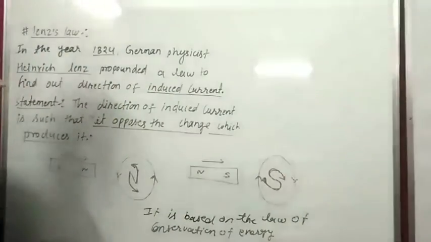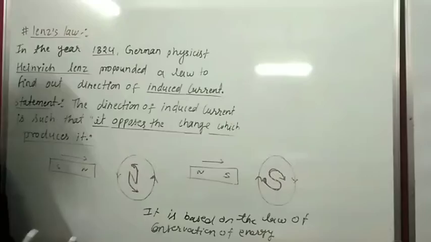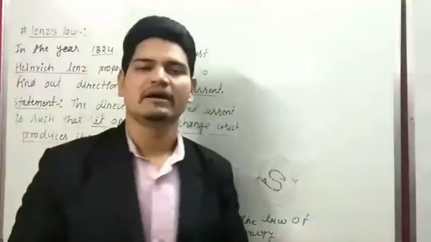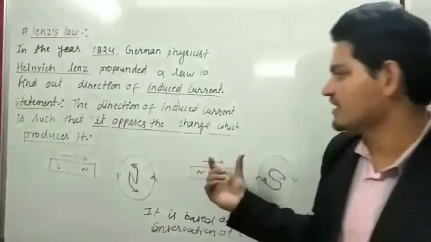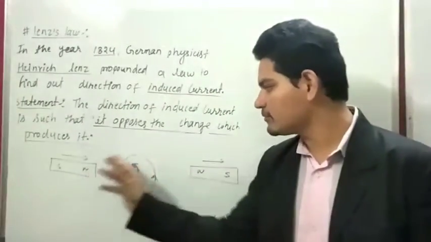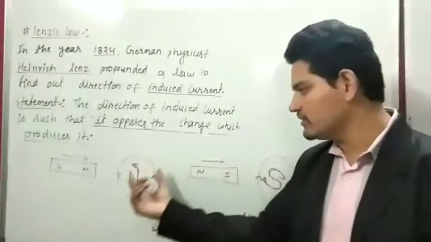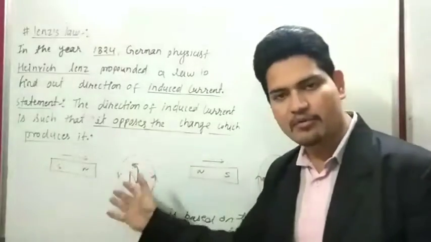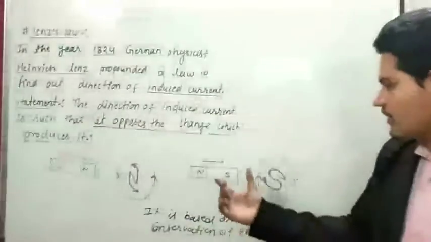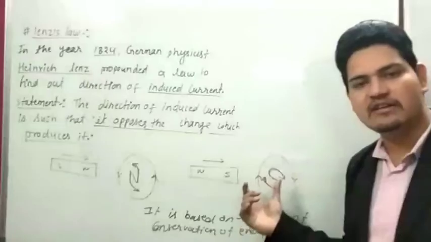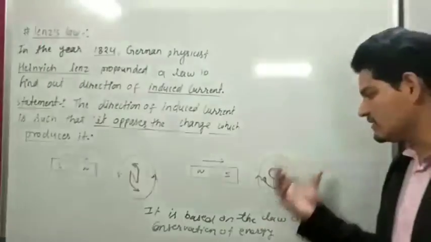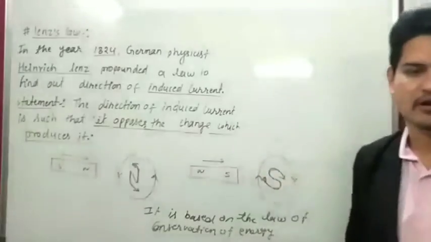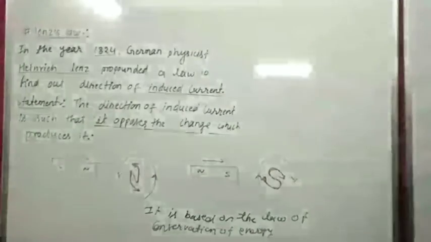So what is Lenz law? Lenz law is used to find out the direction of induced current, and it opposes the change which produces it. If the north pole produces the induced current, this current opposes the north pole, and if the south pole produces this induced current, then this induced current opposes the south pole. You can write Lenz law.